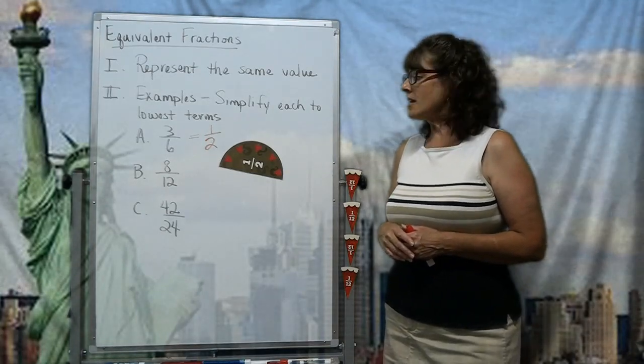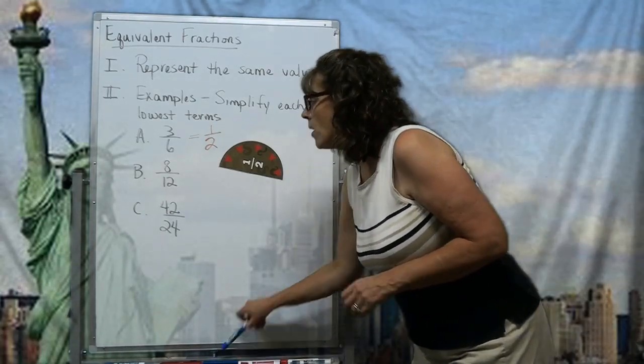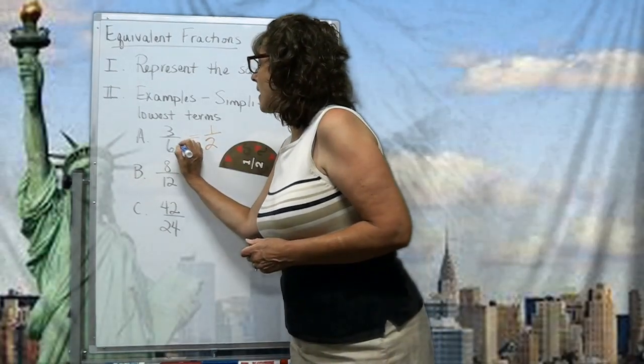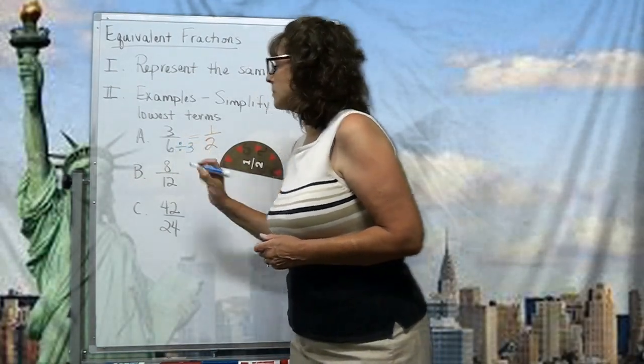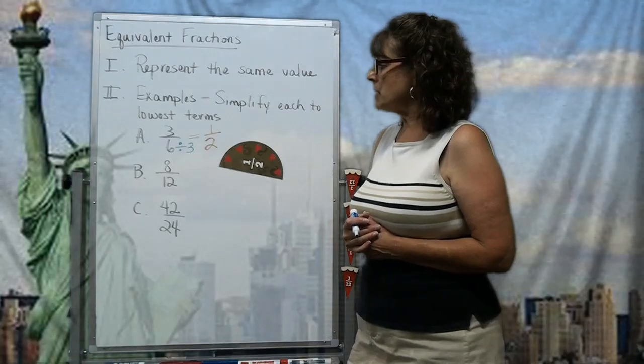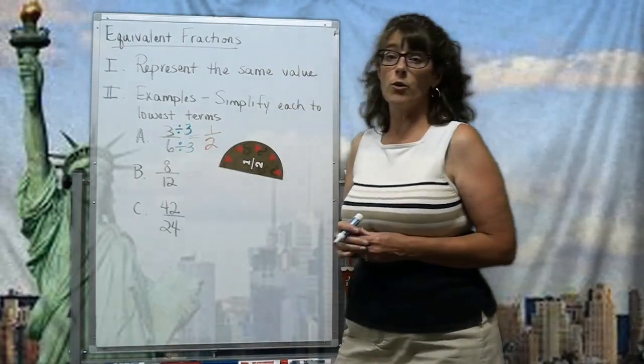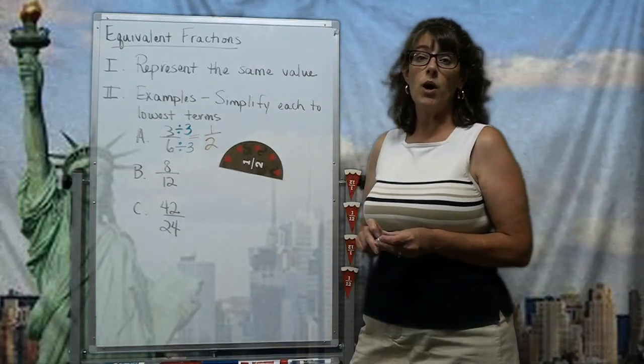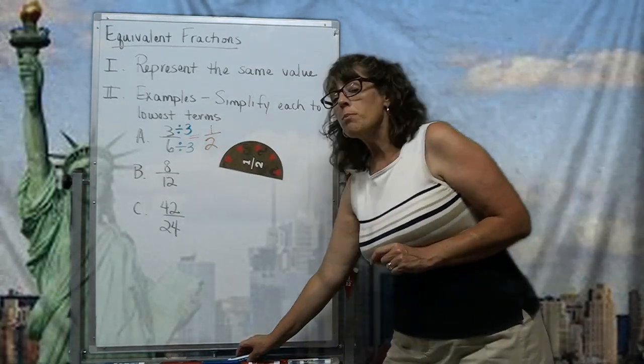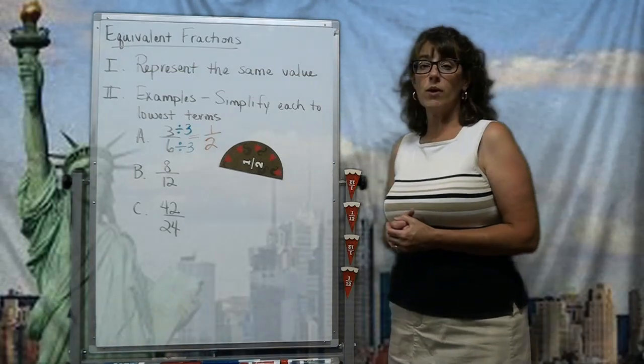I could also take a 6 and turn it into a 2 by perhaps dividing it by 3. 6 divided by 3 gives me 2, and if I take that 3 and divide it by this very same number, 3, it does give me 1. So perhaps that's how we get equivalent fractions.